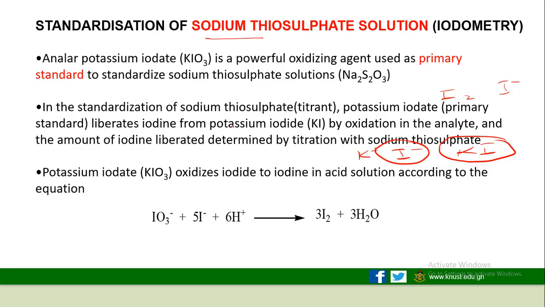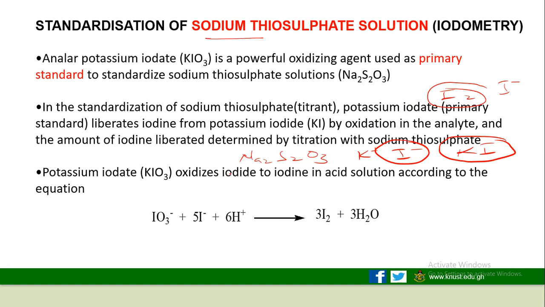Now, the primary standard would take this I minus. The proper term is oxidize. So oxidize I minus to I2. After producing the I2 in situ, then it can go ahead and react with the sodium thiosulfate. So that's the whole thing we are talking about here, right?